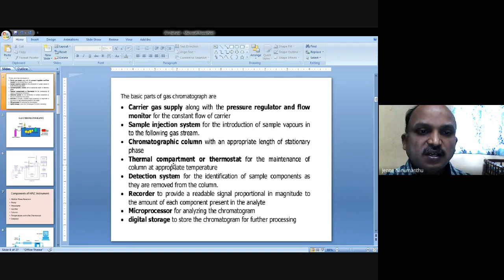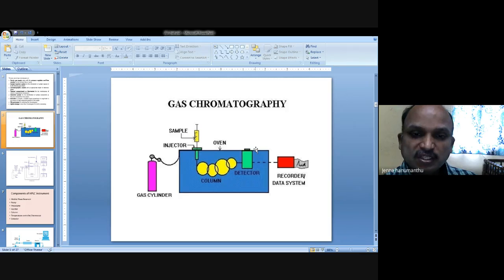And the sample injection system. We have an unknown sample that should be injected into the column, so we need some injection supporting system. And the chromatographic column. The chromatographic column, this yellow shape, is the column.